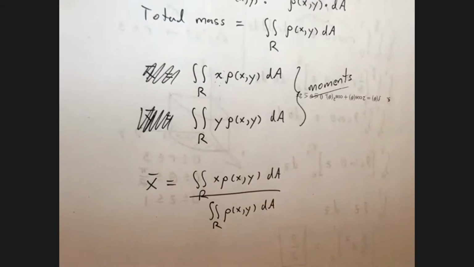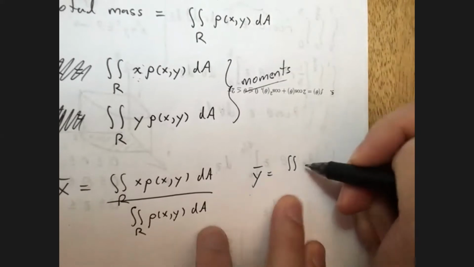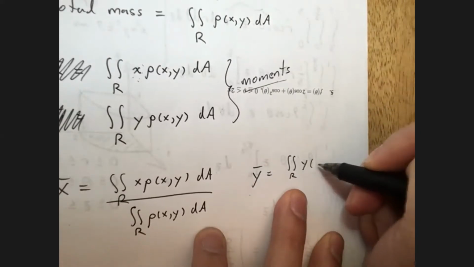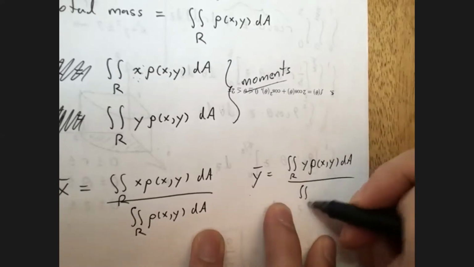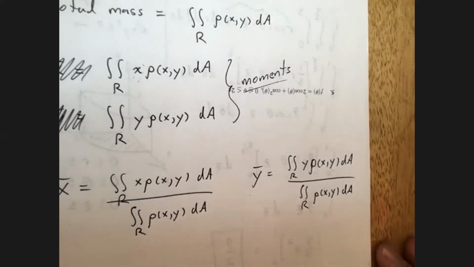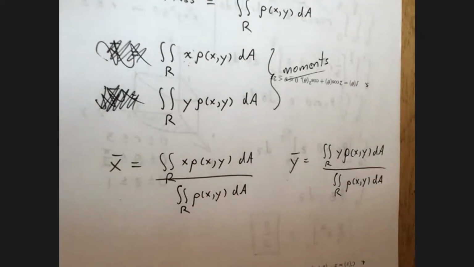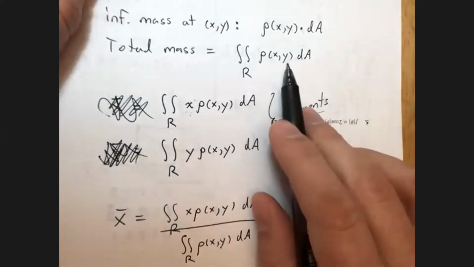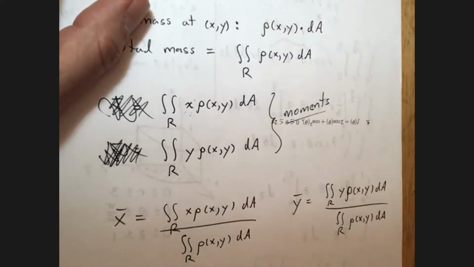And the y bar is going to be the moment for y divided by the total mass. That's the correct formula for x bar, y bar. Sorry, I forgot we have to divide by the total mass, just like before. So what you do to do the problem, you find the total mass, you find the moments, and then you just divide. And that's how you get x bar, y bar.